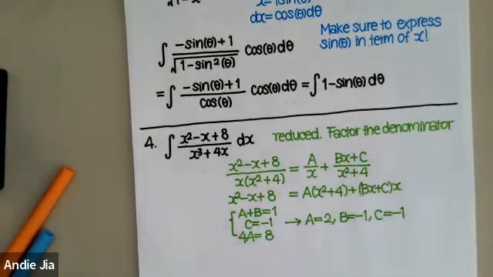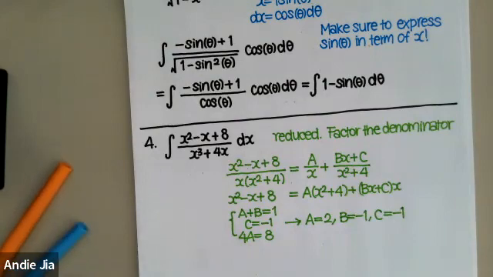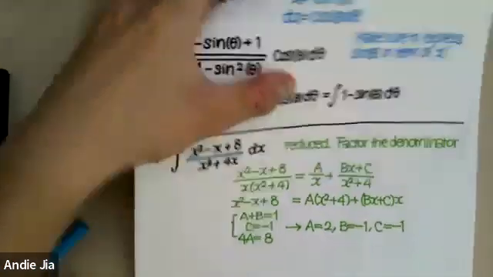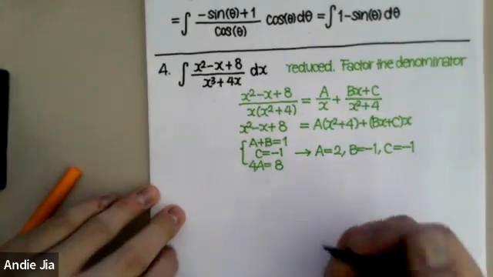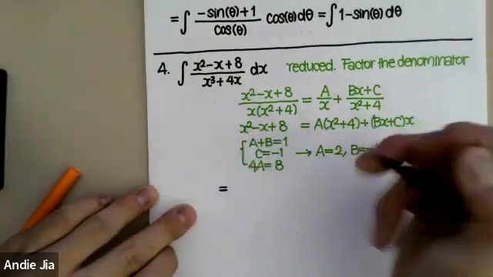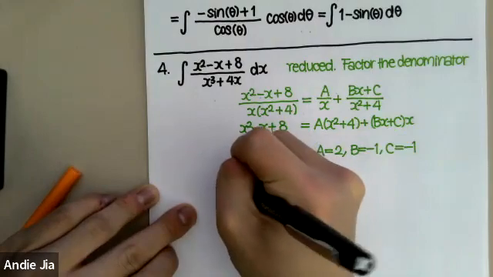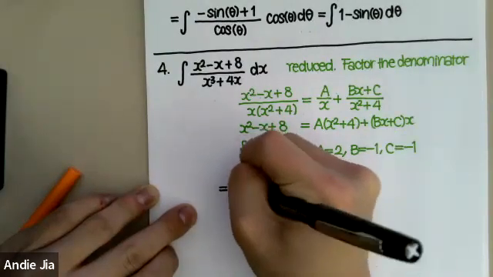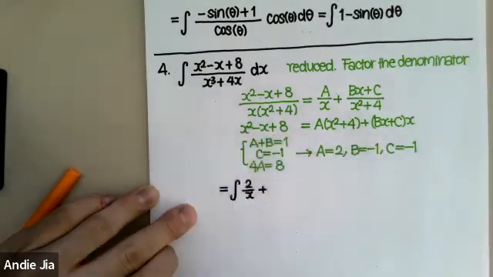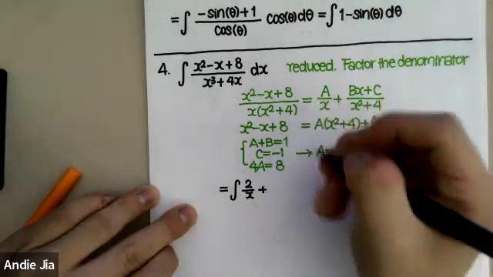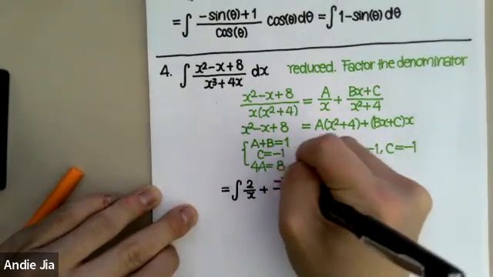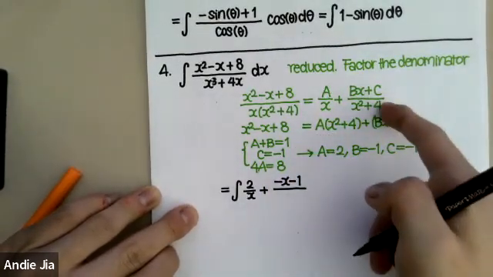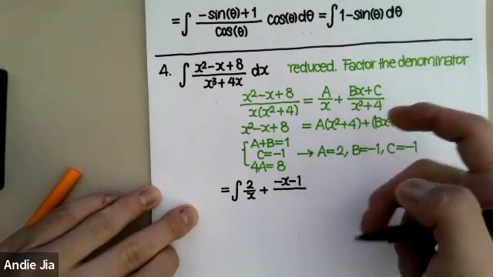We rewrite the new integral here, because we solved for a, b, c and we just plug them back in. A is going to be 2, and plus b is negative 1, so it's negative x, then negative 1, over x squared plus 4.